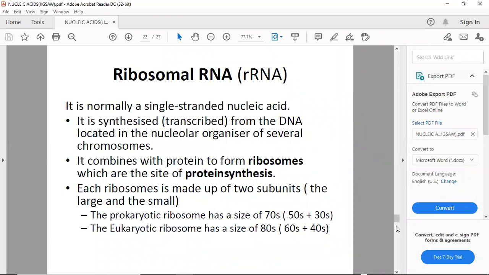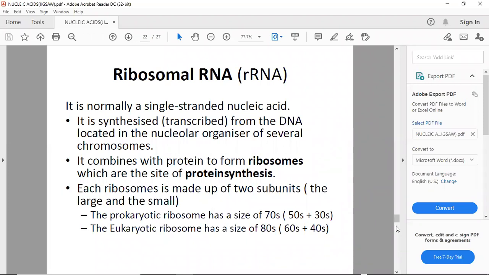The 70S is simply a sedimentation rate. A sedimentation experiment was carried out, which gave us 70. So it's not an additive or mathematical addition. It's a sedimentation rate given in Svedberg units. That's the S, so it's a unit.